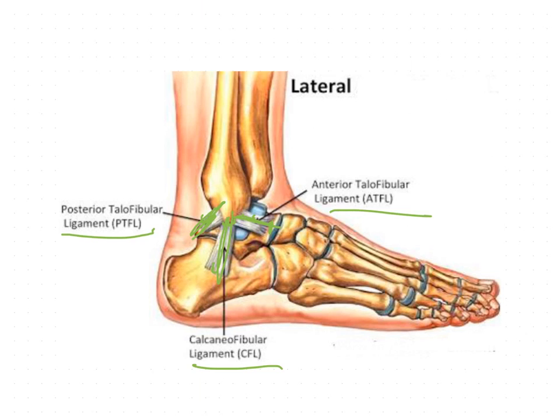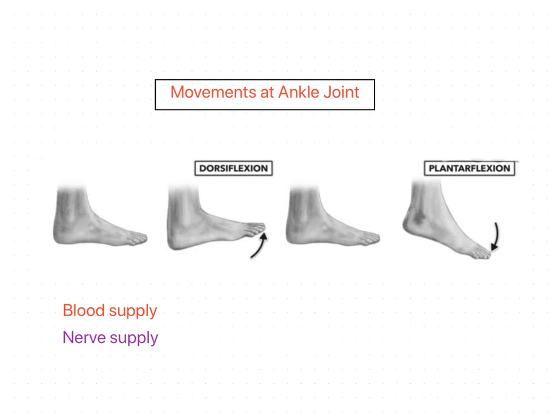So these are all the ligaments around the ankle joint. Now we will see the movements. What are the movements taking place at the ankle joint? There are two movements: dorsiflexion and plantar flexion. In dorsiflexion, the forefoot is raised and the angle between the front of the leg and the dorsum of the foot is diminished.